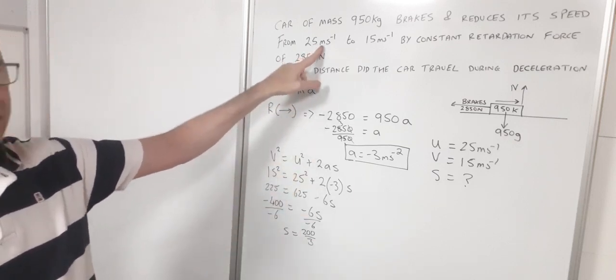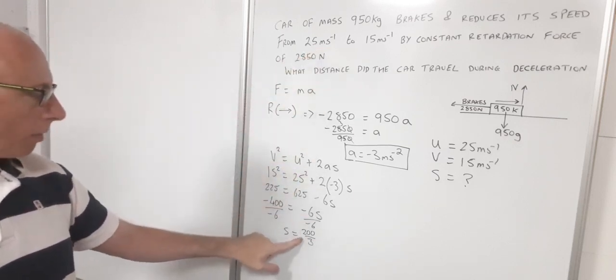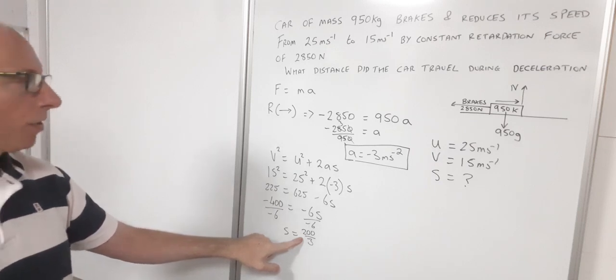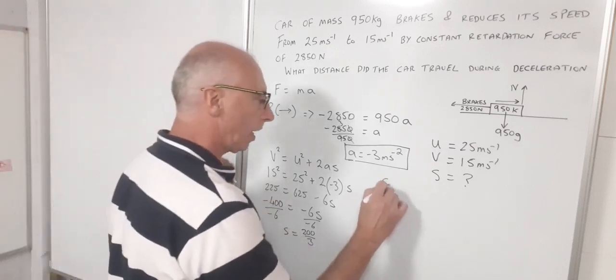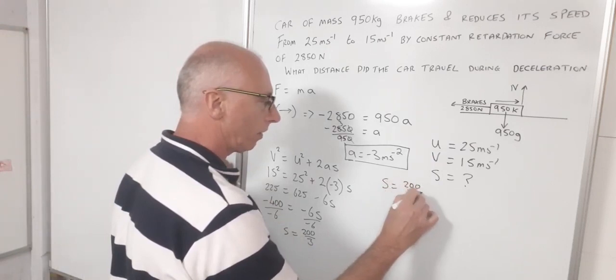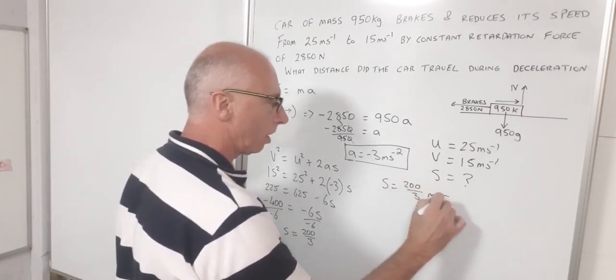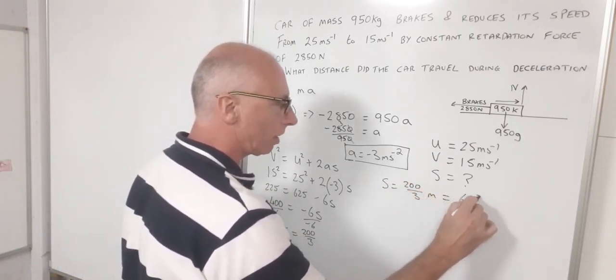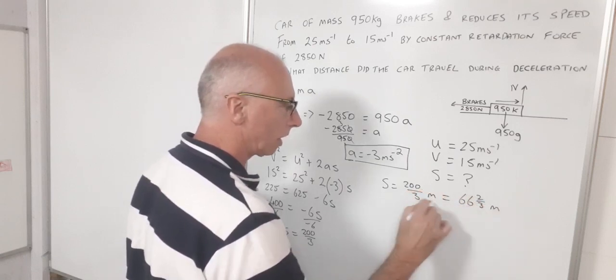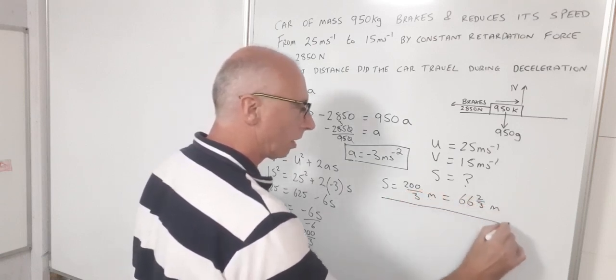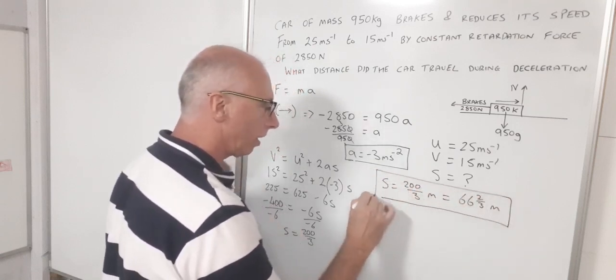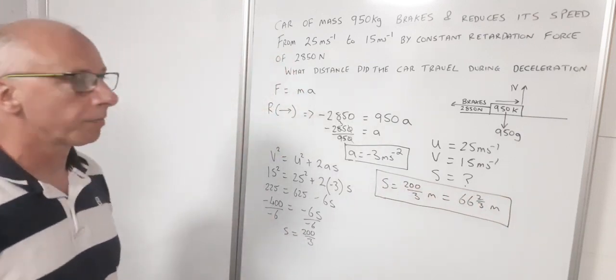Now our unit is in meters. So our displacement is going to be 200 over 3 meters, which is the same as 66 2/3 meters. So that will be the answer to our question.